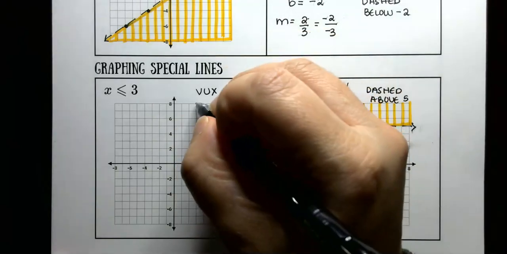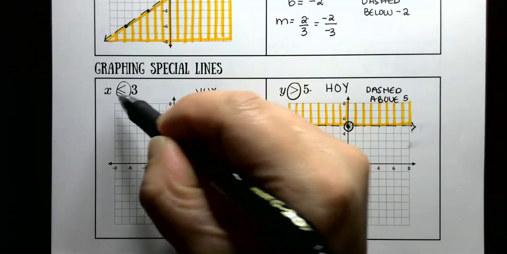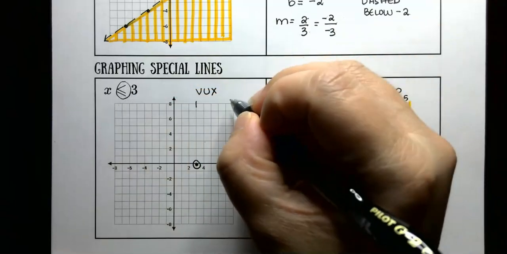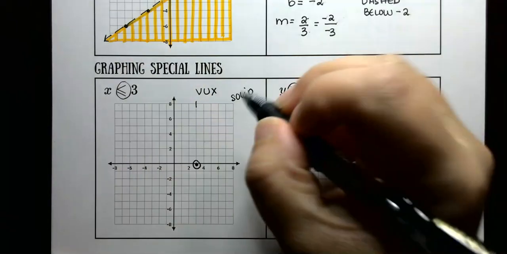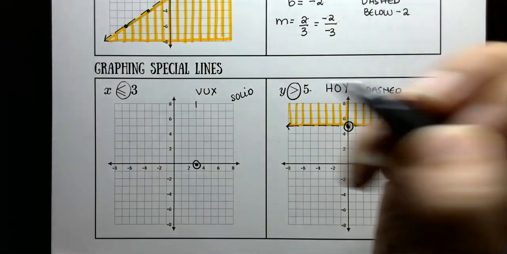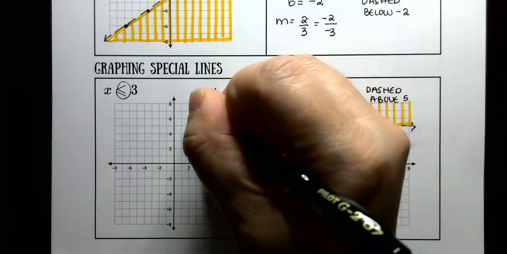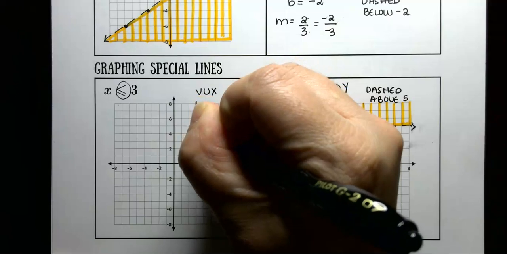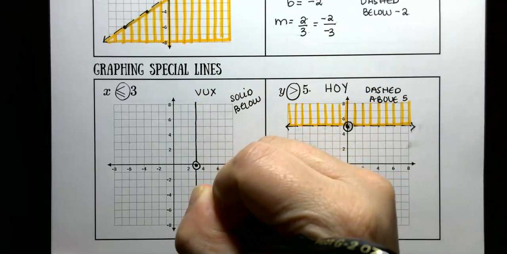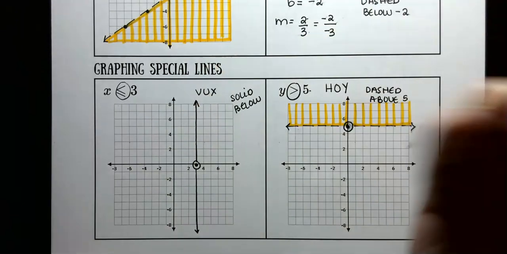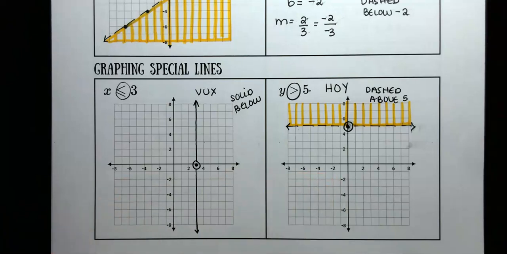We're going to draw a vertical line. And because this is less than or equal to, we're going to use a solid line. It's less than, so we can't really say below, because notice that when I draw my solid vertical line, it doesn't have an above or below. It has a left and a right.